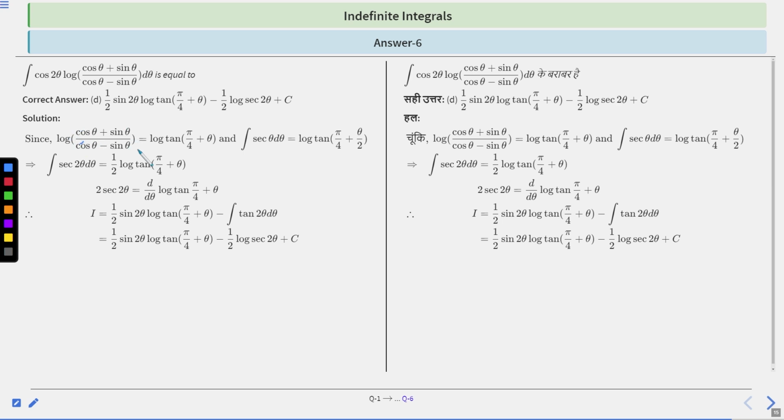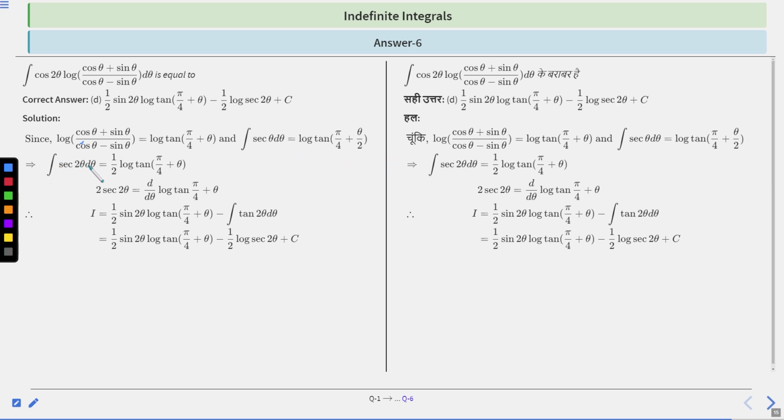Therefore it will be (1 plus tan theta) upon (1 minus tan theta), which is equal to tan (pi by 4 plus theta). Integration of sec theta d theta, we know, is log tan (pi by 4 plus theta by 2).